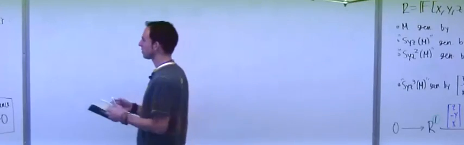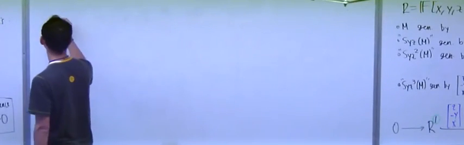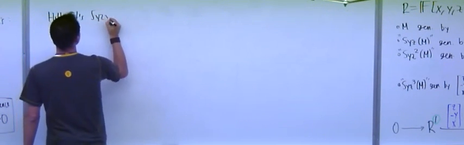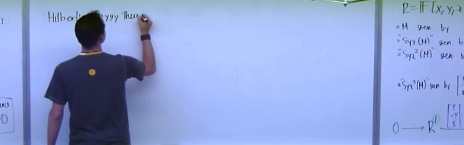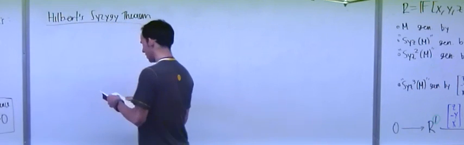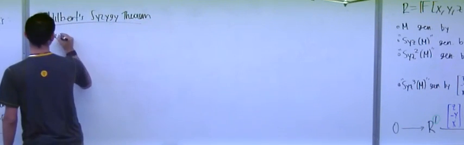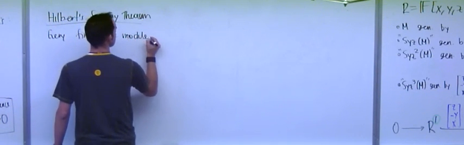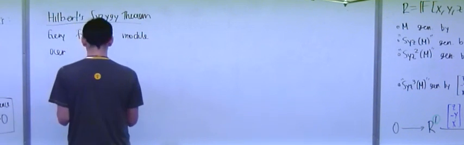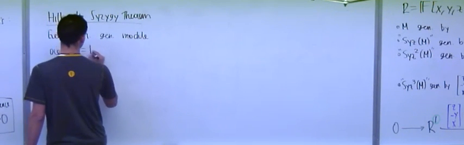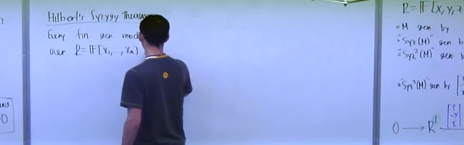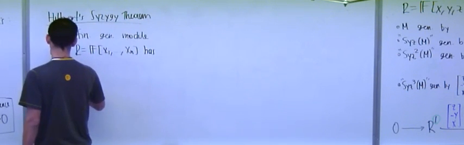But yeah. So here's the next thing that I wanted to state, which is a beautiful theorem due to Hilbert. Hilbert's syzygy theorem. It says that every finitely generated module over the polynomial ring in n variables has a free resolution of length n.